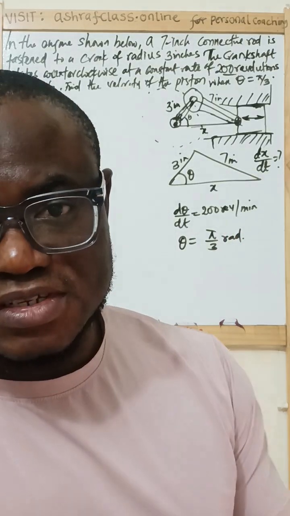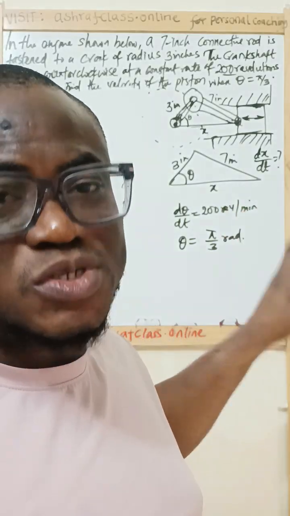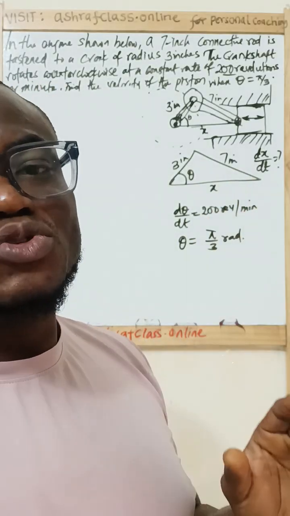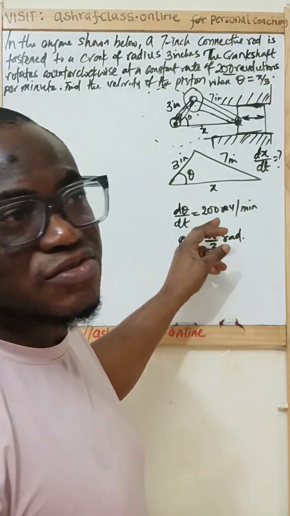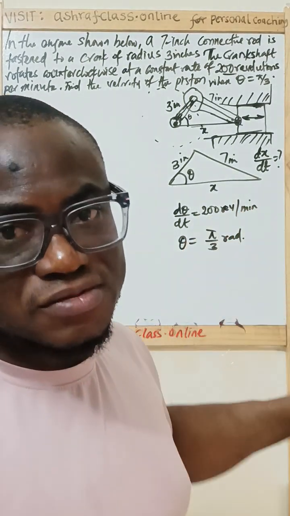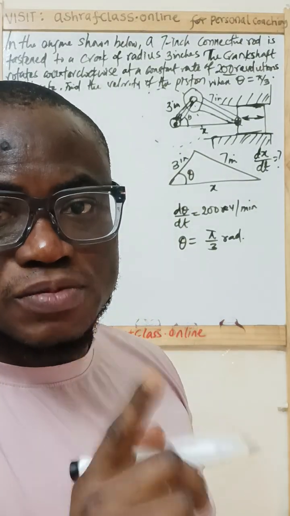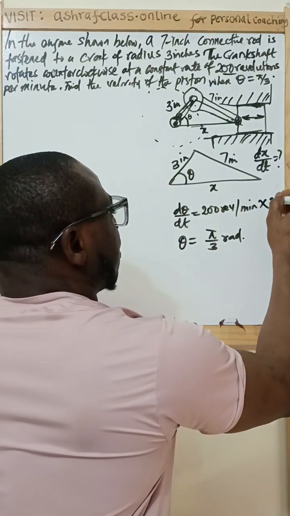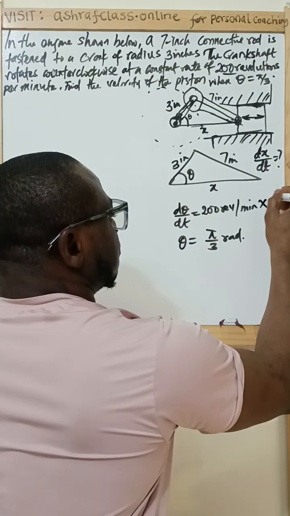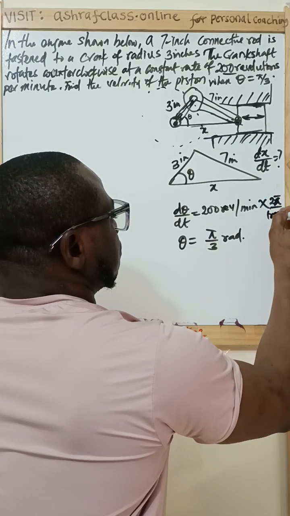Whenever we are dealing with questions like this, we need to change everything to the same unit. This one is in revolutions, while this one is in radians. So we have to change revolutions to radians. One revolution is 2 pi radian, so you multiply by 2 pi radian over 1 revolution.